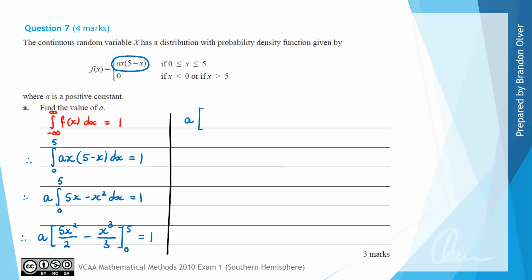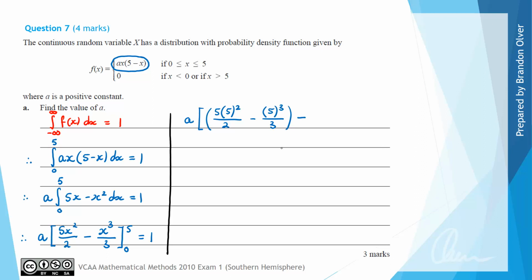If we continue our working, we'll have a multiplied by, and I'm going to use a big square bracket to remember that a multiplies all of this. To evaluate this, we use the fundamental theorem of integral calculus, which means we substitute in the upper terminal of 5. So we have 5 times 5 squared divided by 2 minus 5 cubed divided by 3.